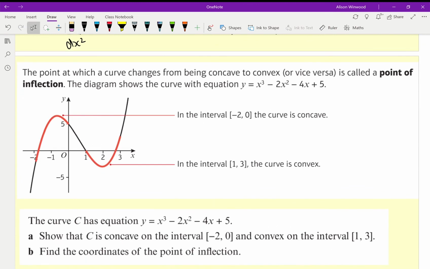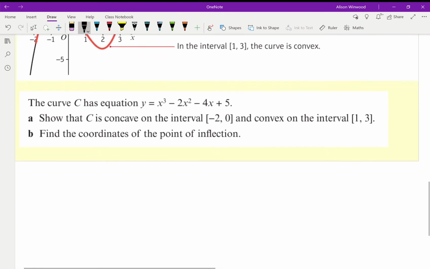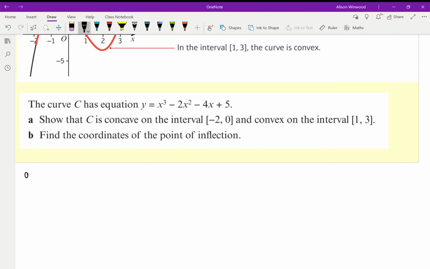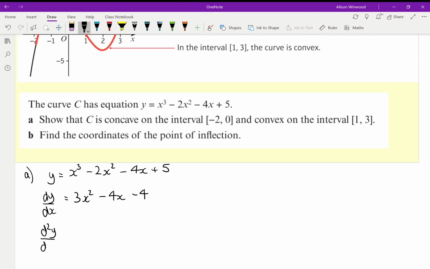So this point of inflection is where it changes between concave and convex, and we can find that it's when the second derivative equals 0. So to show we've got concave on one interval and convex on another interval, we're interested in the second derivative, so let's work that out first. So the first derivative is 3x squared subtract 4x subtract 4, and the second derivative is 6x subtract 4.